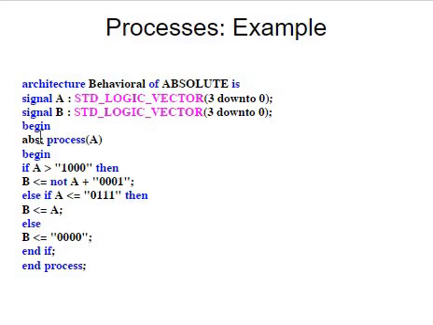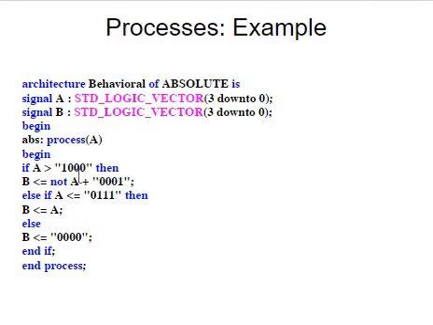Now we name this process as ABS. So ABS process with A in the sensitivity list. That means when input A changes, only then this process will be started or executed. And if the input B changes, this process will not start. Please remember. That's why in the sensitivity list we have only A. Now begin. If A is greater than 100, then B is assigned as not A plus 1.